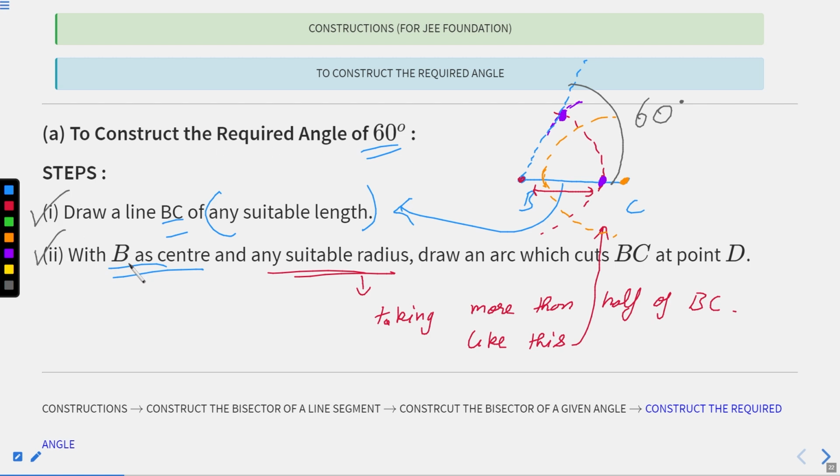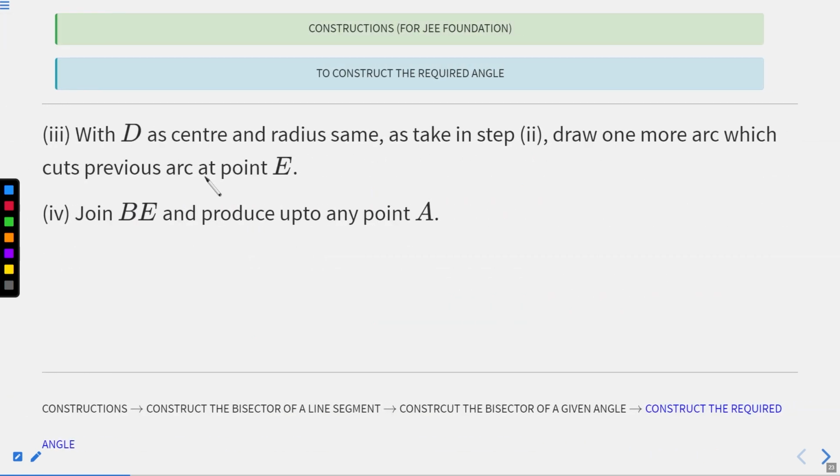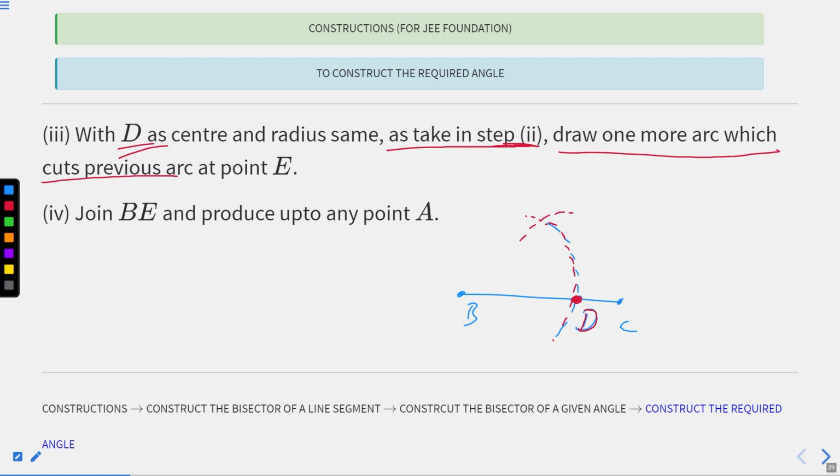Second, taking B as center with any suitable radius, I marked an arc which cuts BC at point D. Now with the same radius, taking D as center, my arc will cut the first arc, making another arc which cuts the previous arc at E.